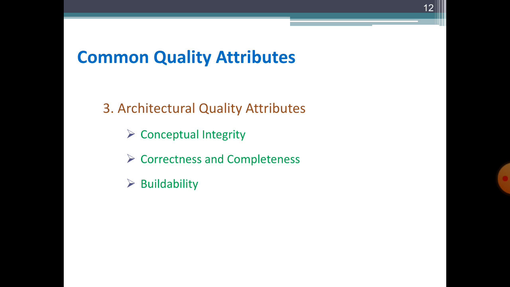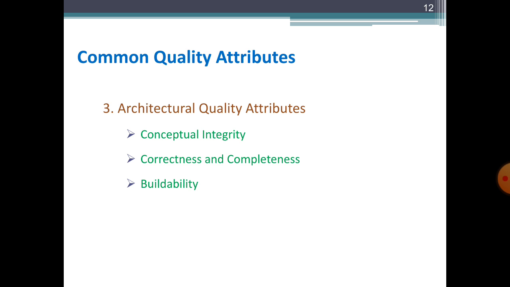We can say that the architecture should do similar things in similar ways. Conceptual integrity is the most important consideration in system design.